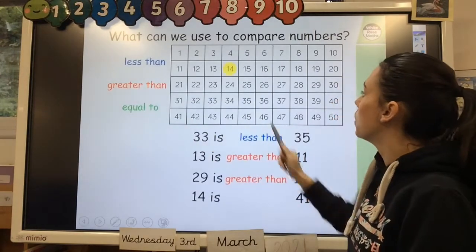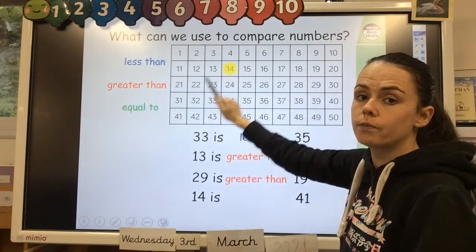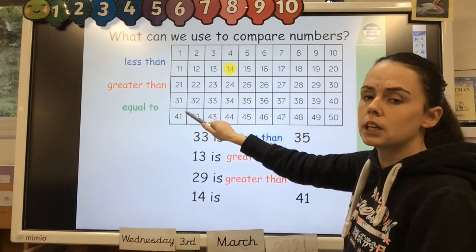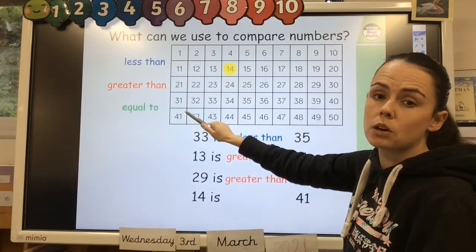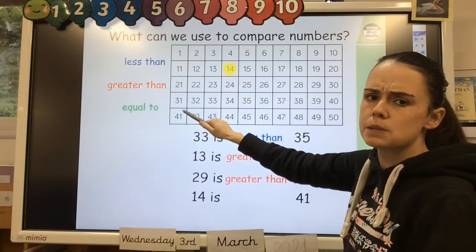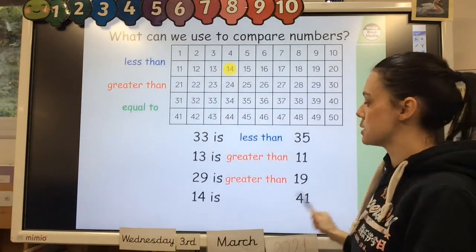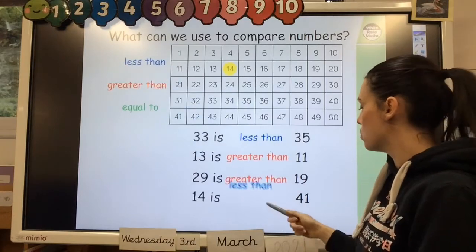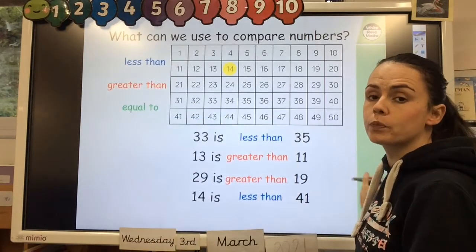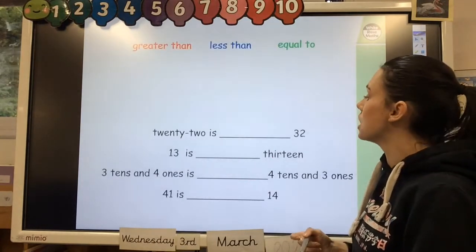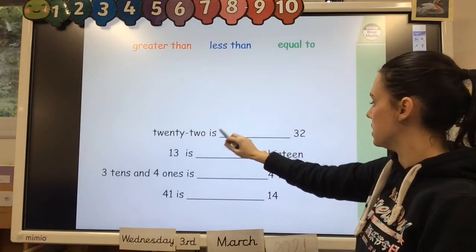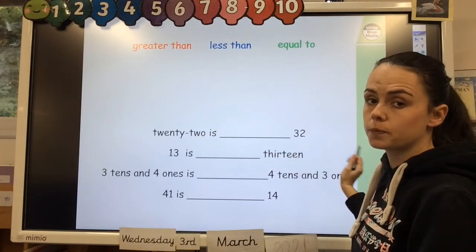So 14 to 41. Is 41 bigger or smaller than 14? It's bigger. It's much bigger. It's loads bigger. So therefore 14 must be less than or is smaller than 41. Done.